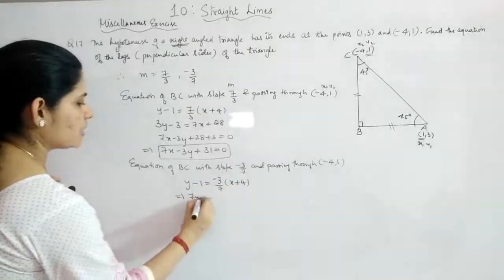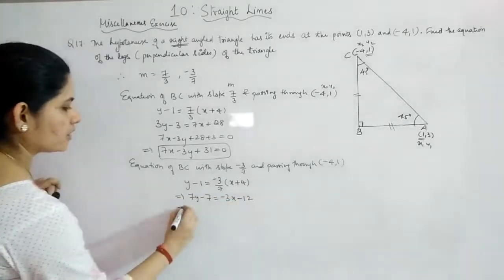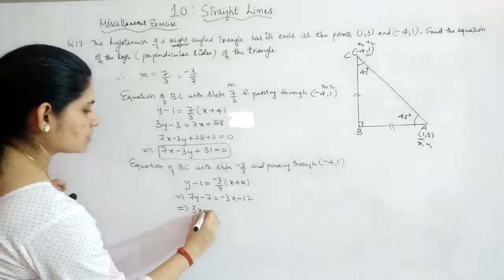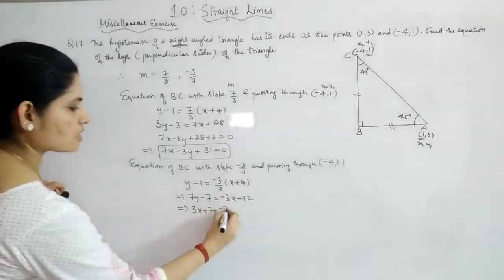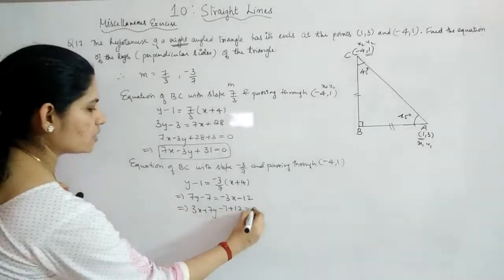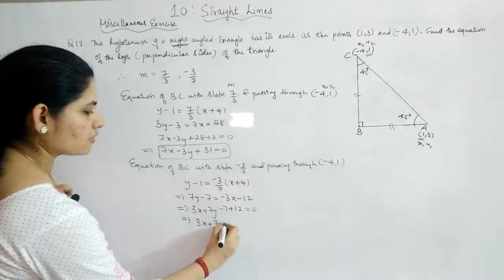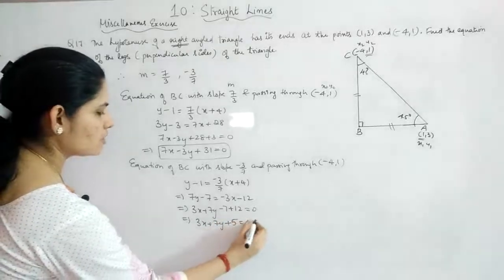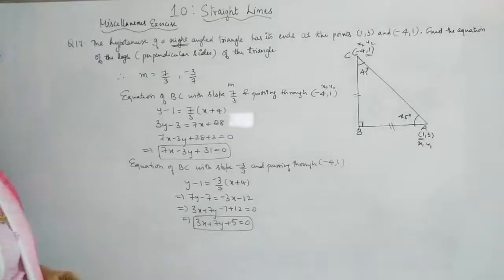That is 7y minus 7 is equal to minus 3x minus 12. That is 3x plus 7y. So we have taken this to this side, so you'll get minus 7 plus 12, equal to 0, or 3x plus 7y plus 5 equal to 0. So this is the second equation for the line BC. Okay.